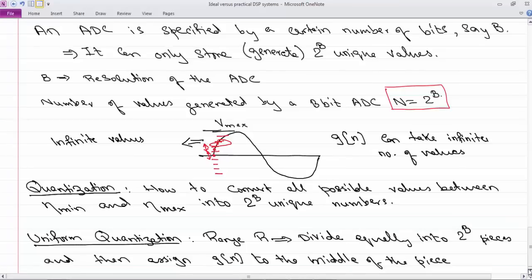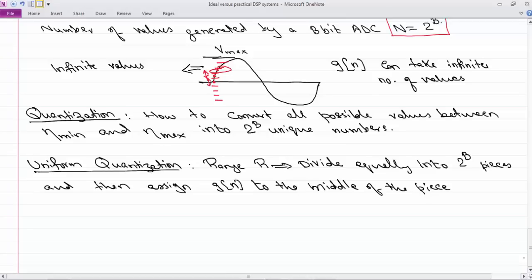So of course, what is the size of each bin, or what is the size of each quantization? The term that is used is quantization interval. That's simple math: your ADC has a total range of R, and you have a total of 2 to the B numbers.